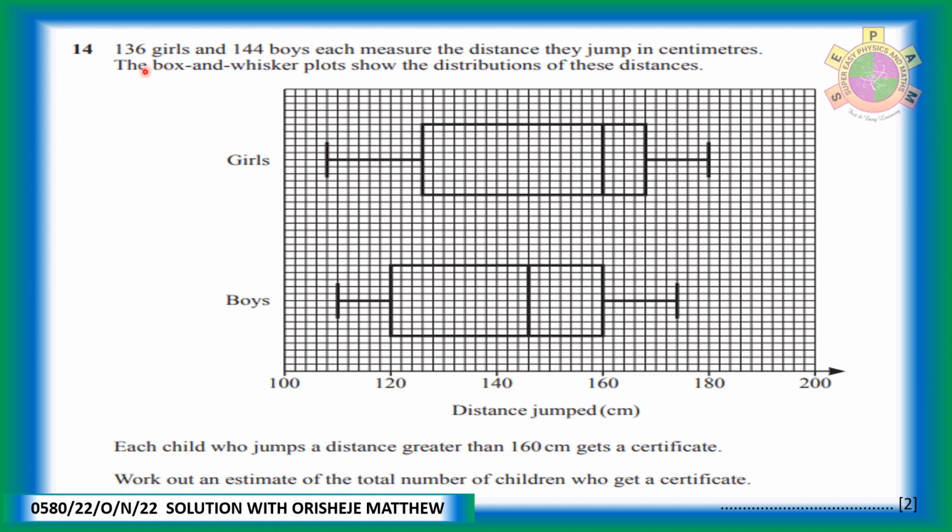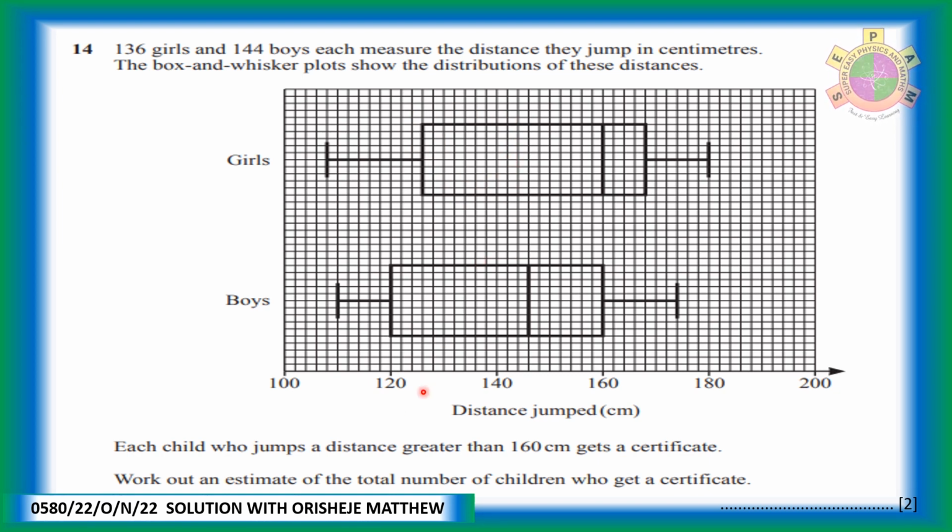Question 14 tells that you have 136 girls and 144 boys. This is the box and whisker plot for the boys' jumps, and this one is for the jumps of the girls.